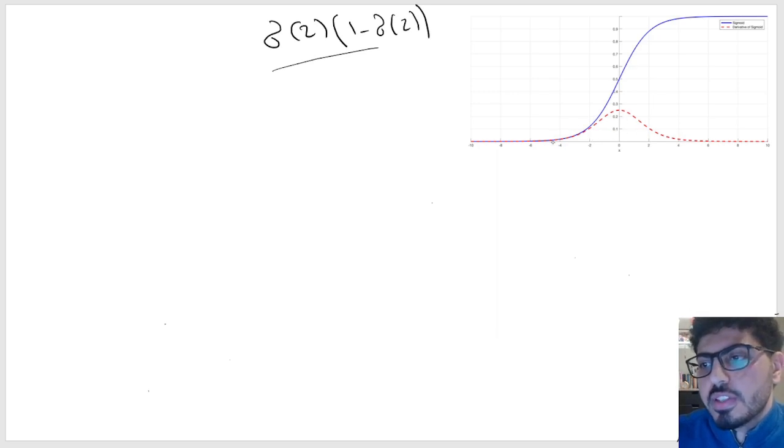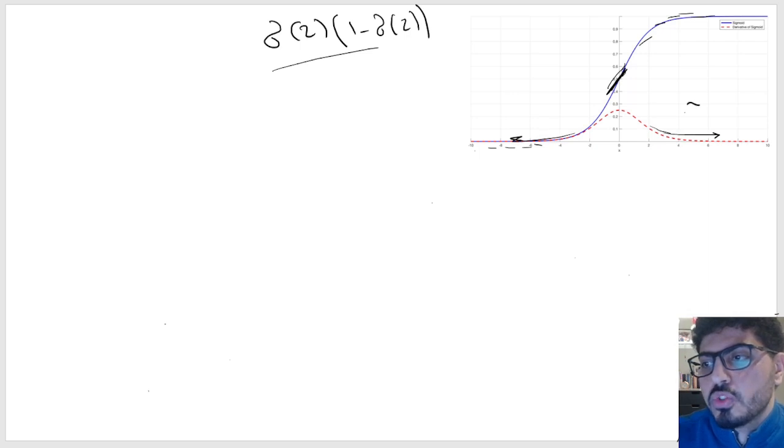Because the sigmoid saturates, the gradient, which is basically the slope, is maximum here, and then it starts to slow down until it becomes almost 0. So the gradient or the slope of the sigmoid function dies at the extremes here, right?